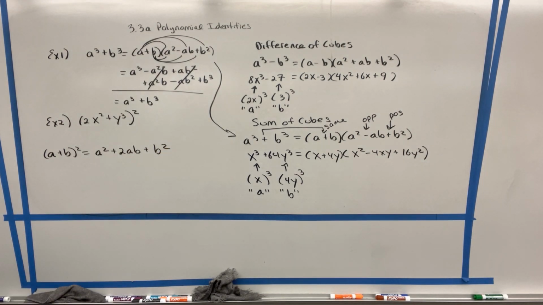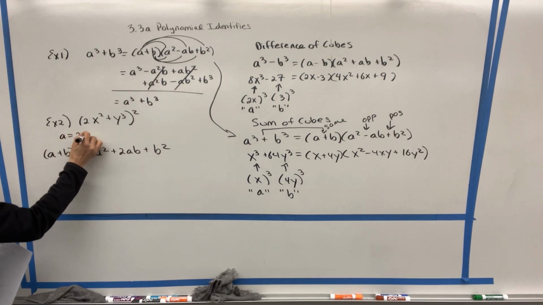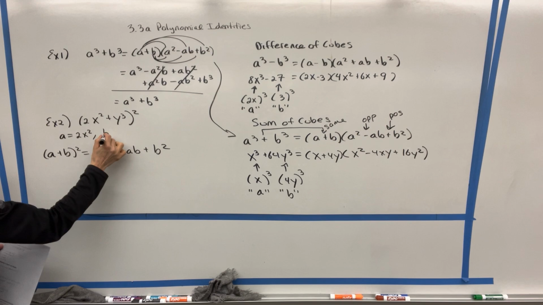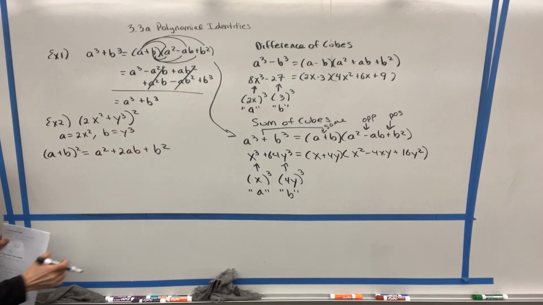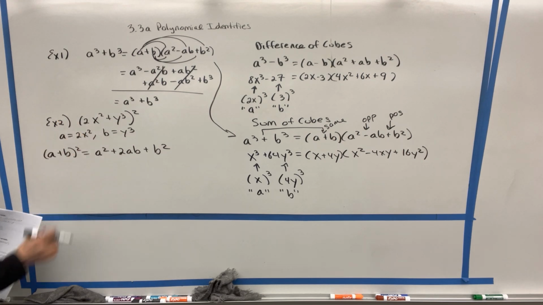If we can evaluate what our a is, in this case our a is 2x squared and our b is y cubed, we can use this formula here to calculate what we would get when we square this binomial.